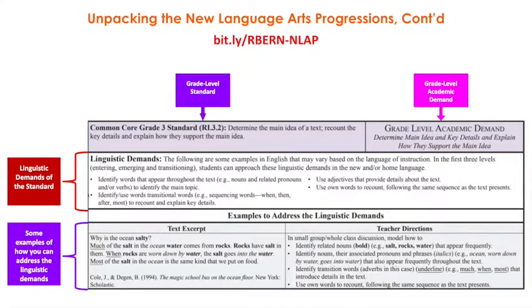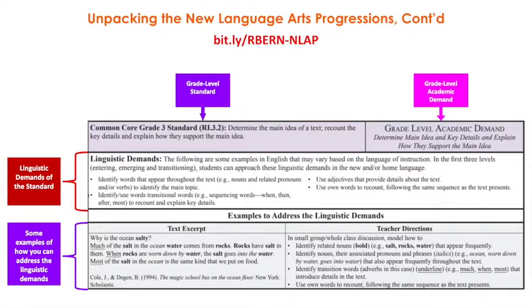If a student were to first start by identifying these related nouns with their teacher, they will then be able to begin understanding the gist of this excerpt. Next, the teacher directions say identify nouns, their associated pronouns and phrases in italics. For example, ocean, worn down by water, and goes into water, that also appear frequently throughout the text.